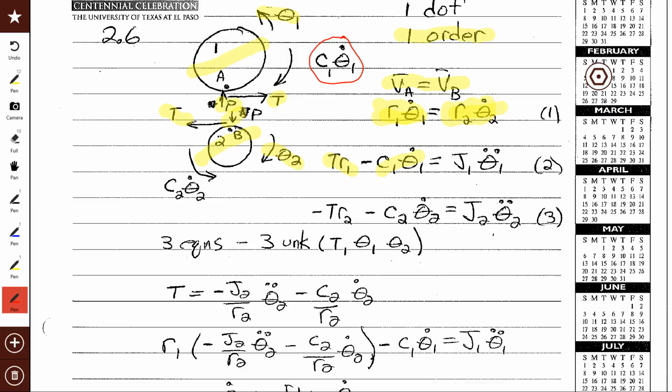These are rotational dampers. If theta 1 dot is positive, then I am twisting the damper counterclockwise. If I twist it counterclockwise, it resists me and pulls me clockwise, and that's why I have the arrowhead in the direction that I have. Same thing with the C2 down here.